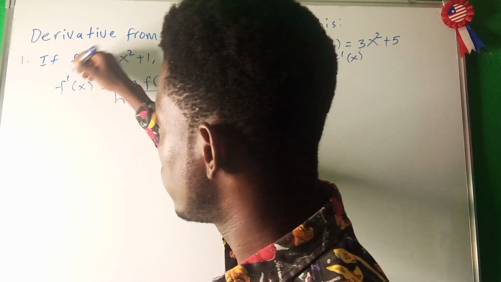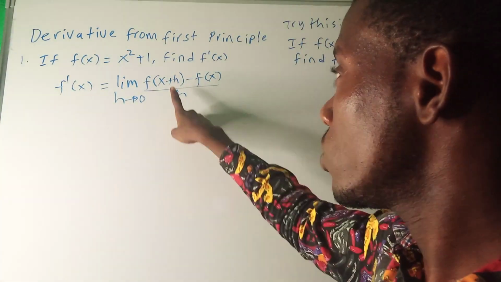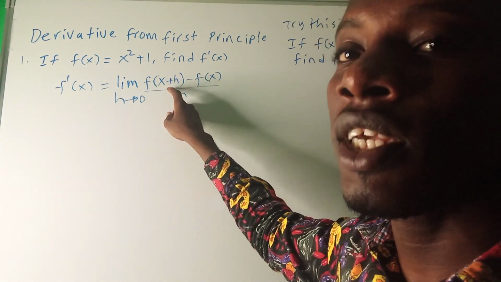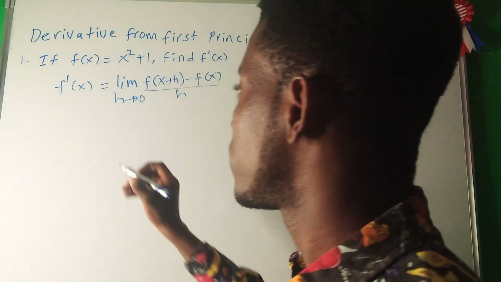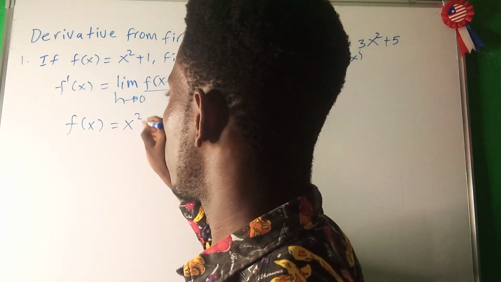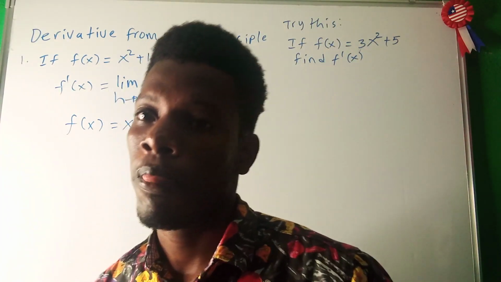Once you want to find the derivative, there is one thing you need to know. You already have the function f of x, and you need to know what f of x plus h will be. We know that f of x is x squared plus 1. So what will be f of x plus h?